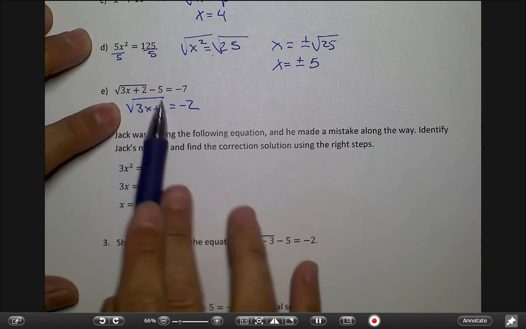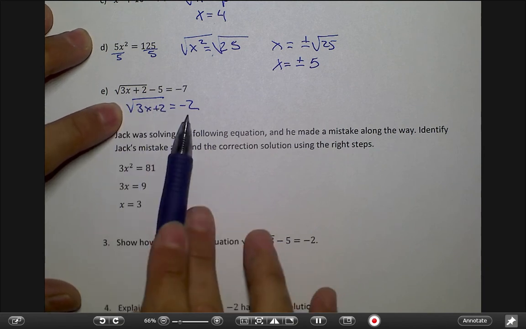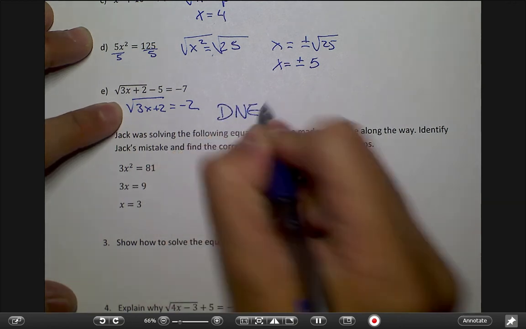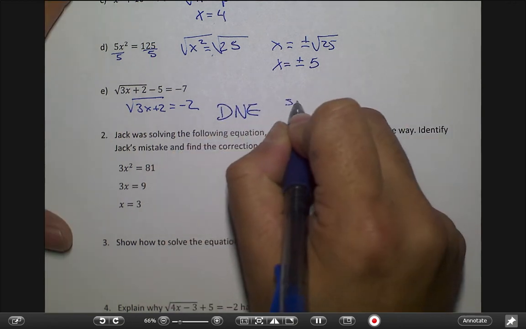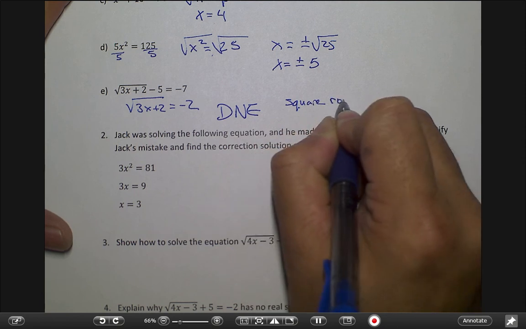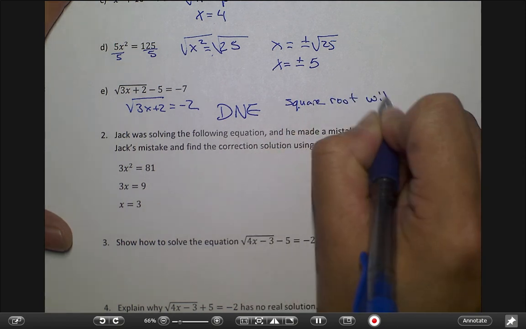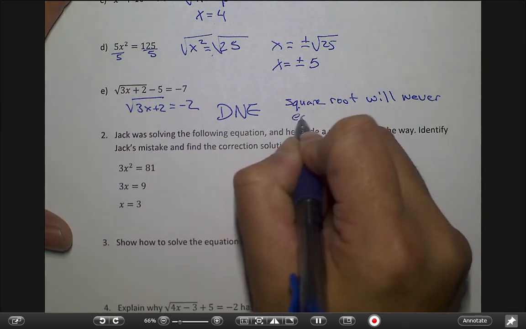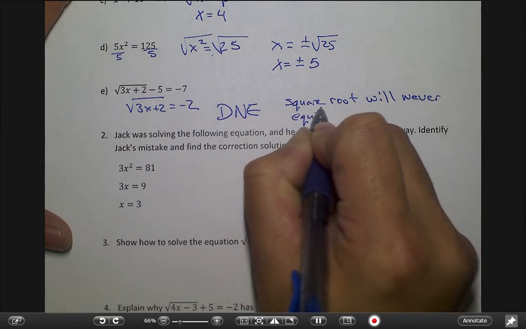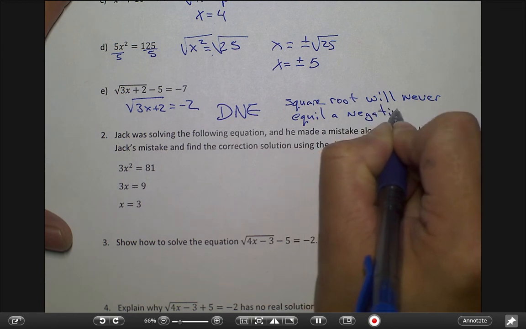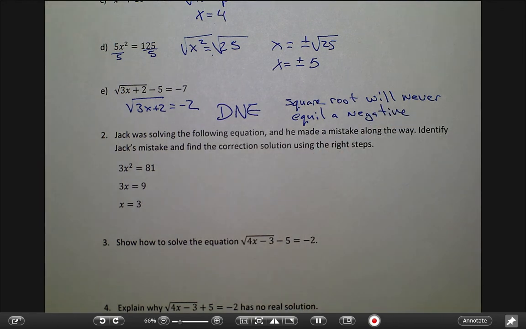Right here, the square root will never equal a negative. There we go.